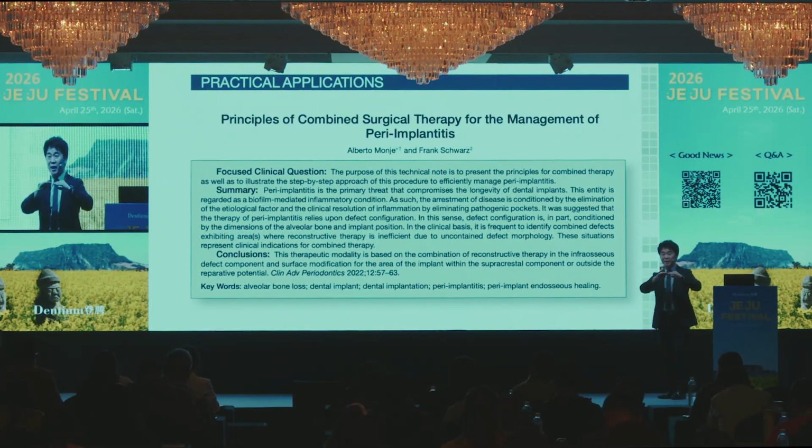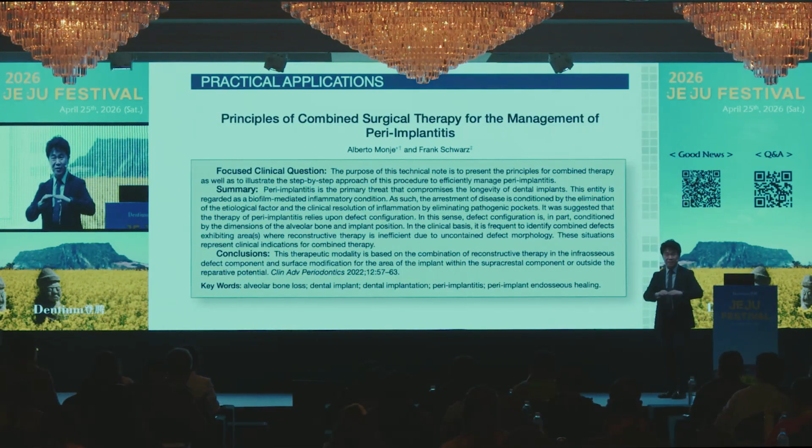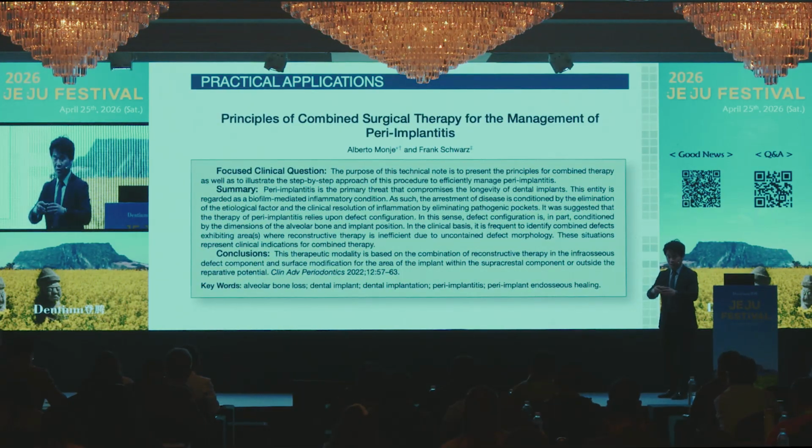We imagine the line, and above the line, in the above implant area, it is difficult to maintain the bone, so we have to polish. But underneath the line, an intraosseous defect, we can try the bone graft after decontamination.